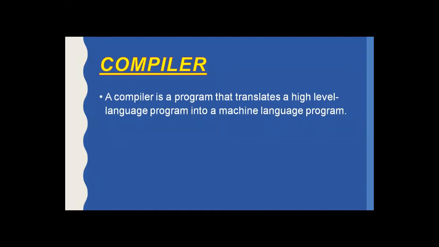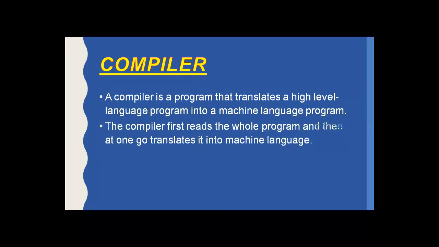Now, the next one is compiler. A compiler is a program that translates a high-level language program into a machine language program. The compiler first reads the whole program, step by step, and then at one go translates it into machine language.